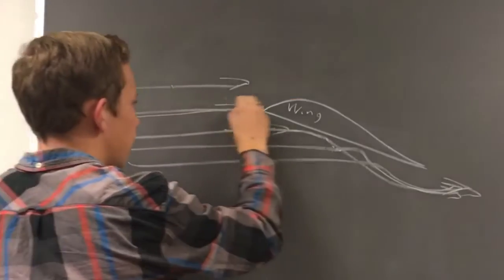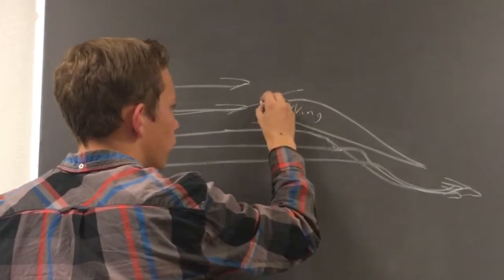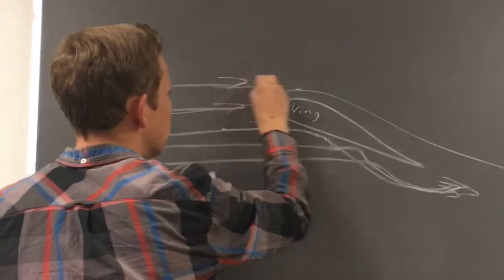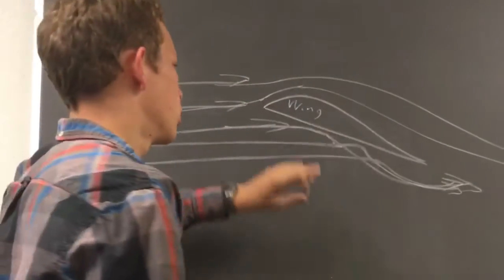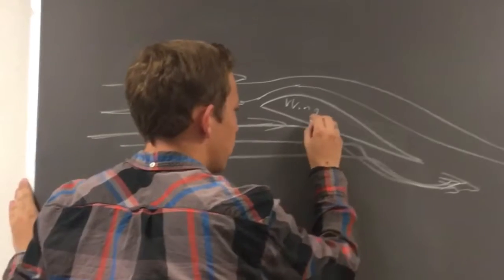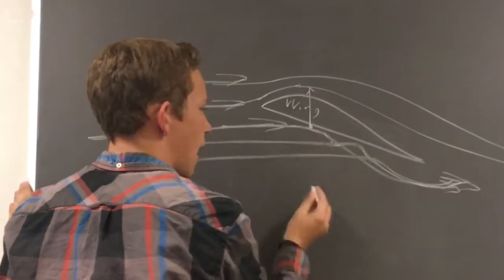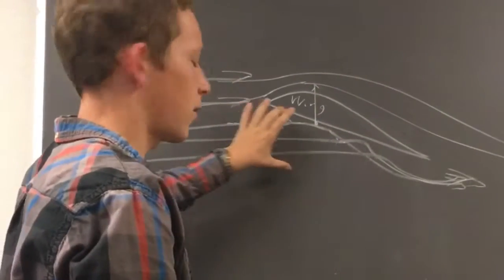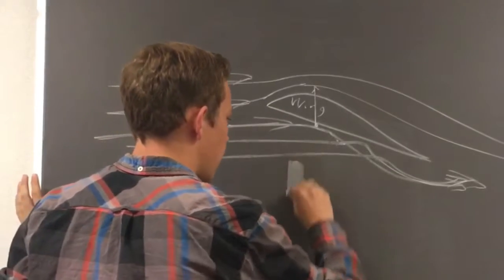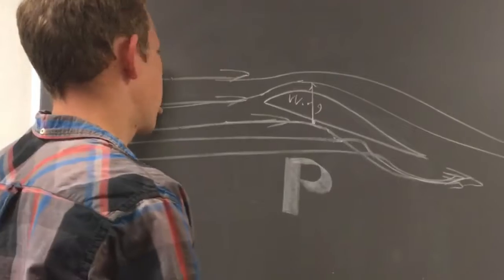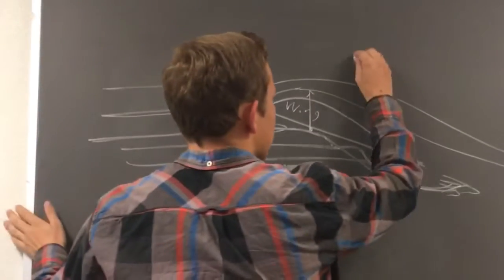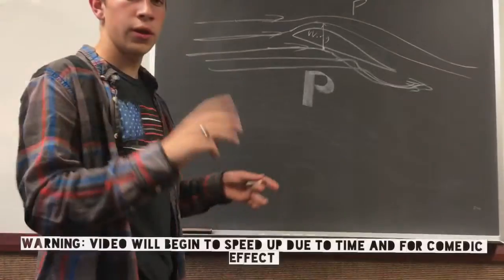But on the top, the air not only goes faster, but less air is hitting the top. So the air molecules down here are creating lift, and because the air down here is going slower, it creates bigger pressure, while up here, since the air is going faster, it creates a smaller pressure.